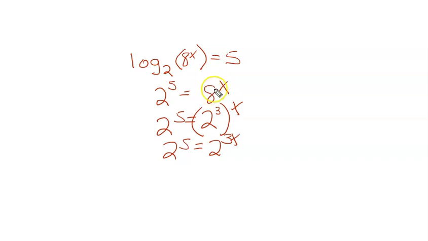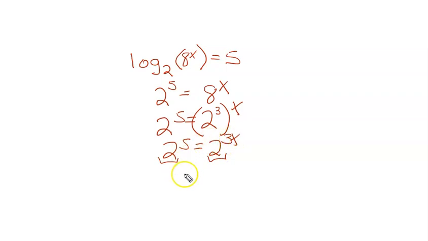So we want to get this 8 into a form of base 2, which is going to be 2 to the third power, and then the x is still out there. Use the powers property, we're multiplying. The 3 times x gives us this. So now our bases are the same.